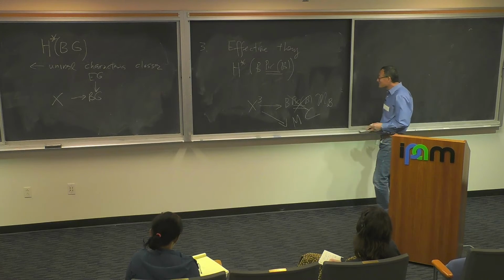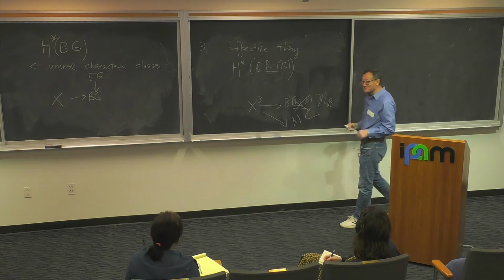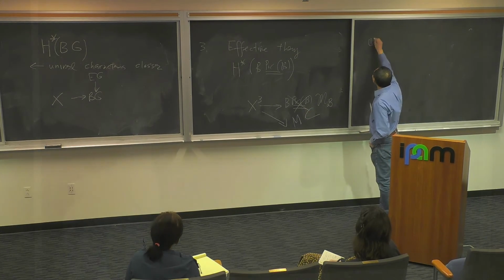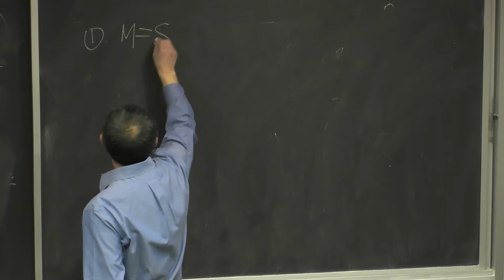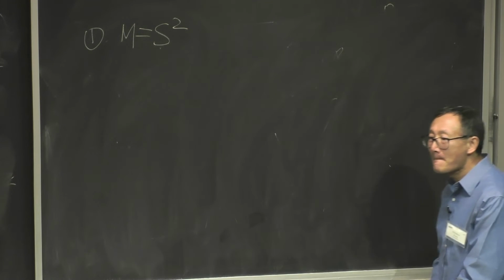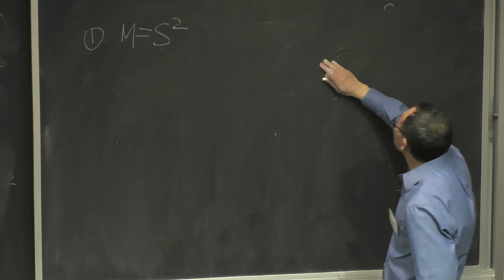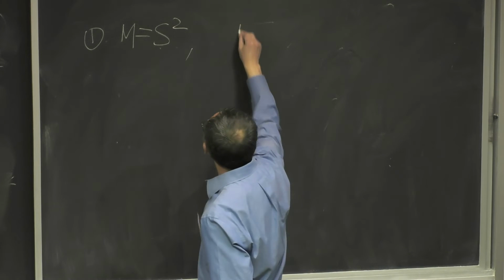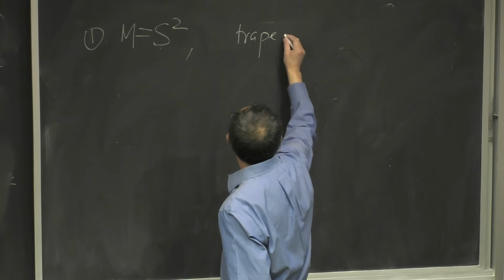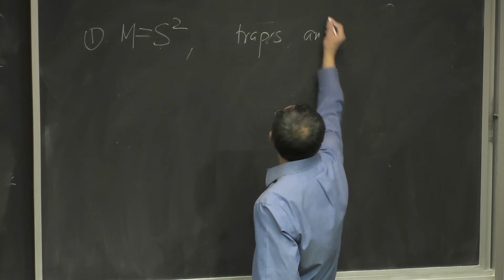I will try to impress you, try to write down a theory. So I will study two cases. The manifold is the two-sphere. And then I claim this two-sphere will trap anyons.